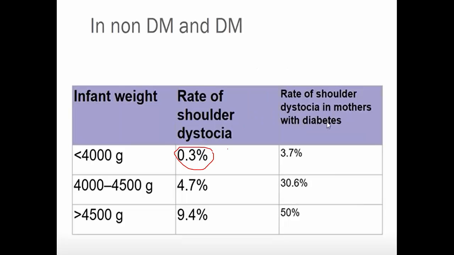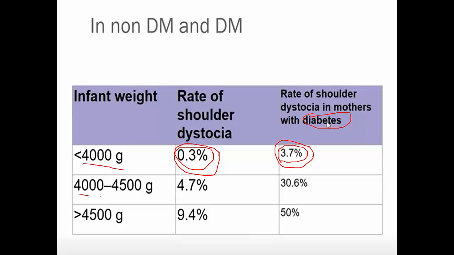If the weight is less than 4 kilogram and the patient is diabetic, there is a high risk compared with the non-diabetic: here only 0.3%, here 3.7%. There's a big variation.